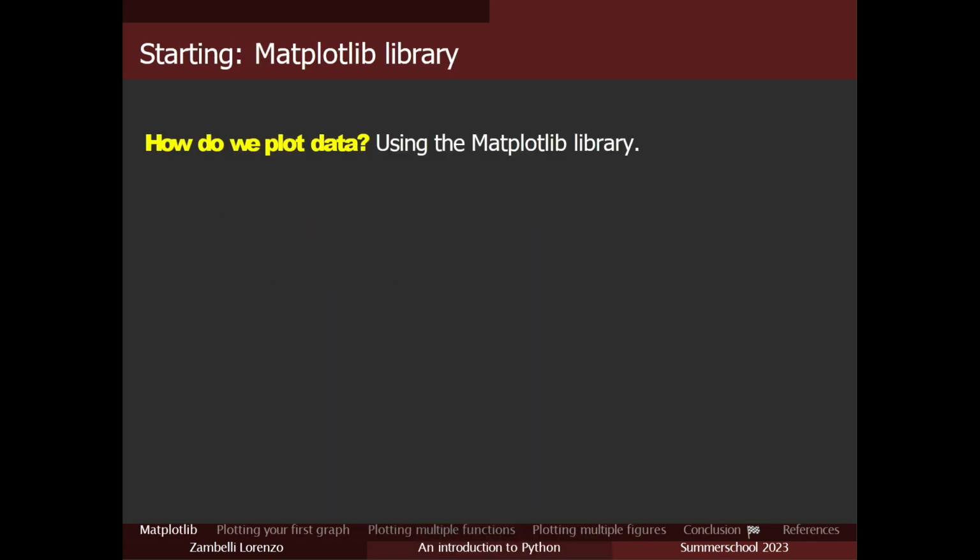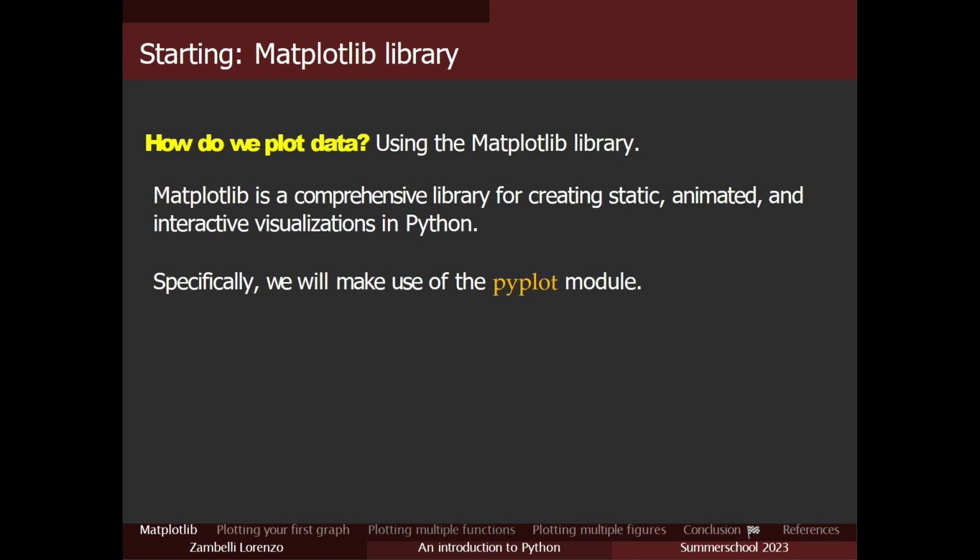We're going to use the Matplotlib library, which allows you to create static, animated and interactive visualizations in Python. You can do a lot with Matplotlib. In this lecture, we will use the pyplot module.